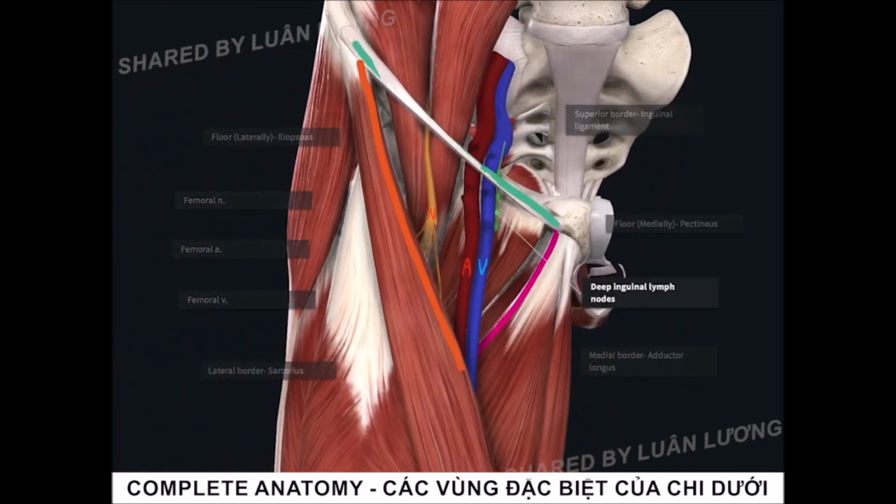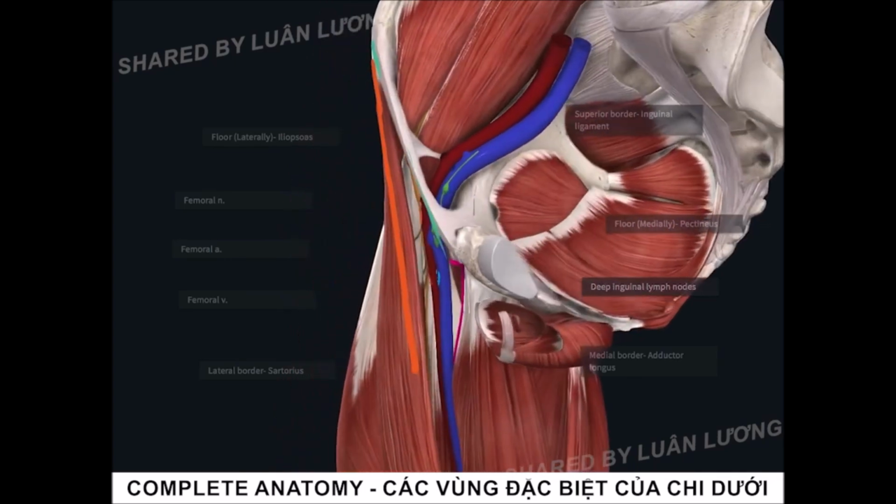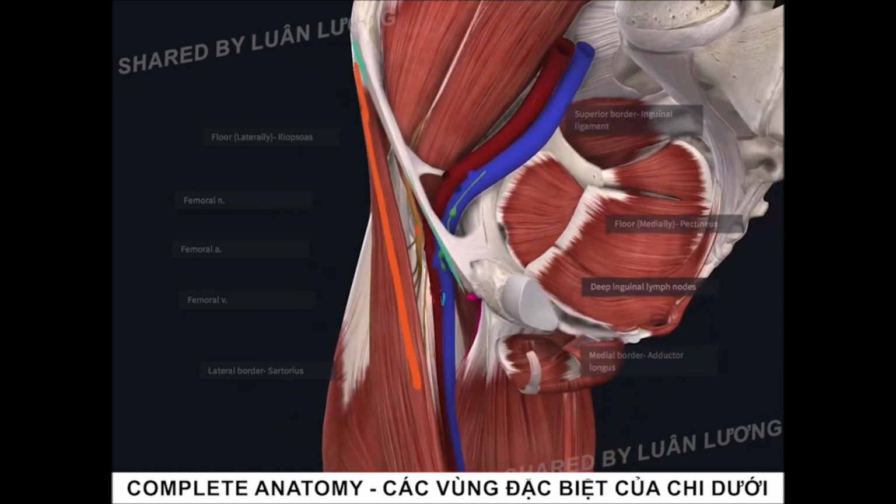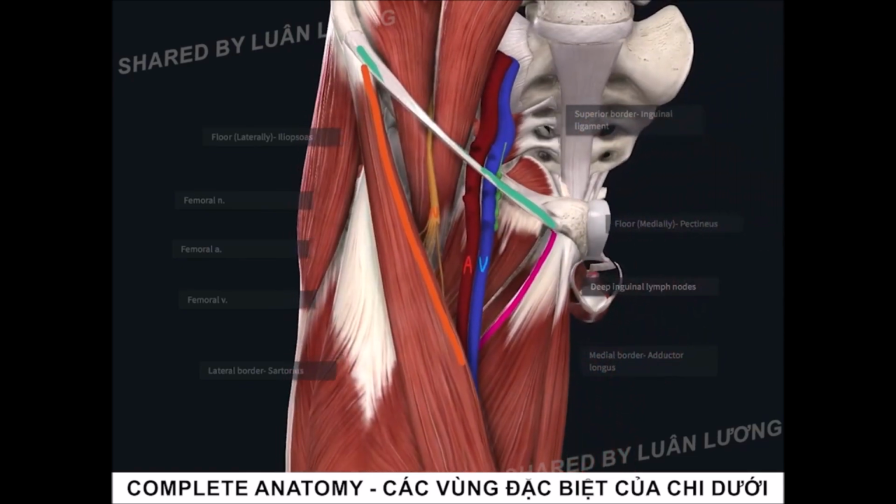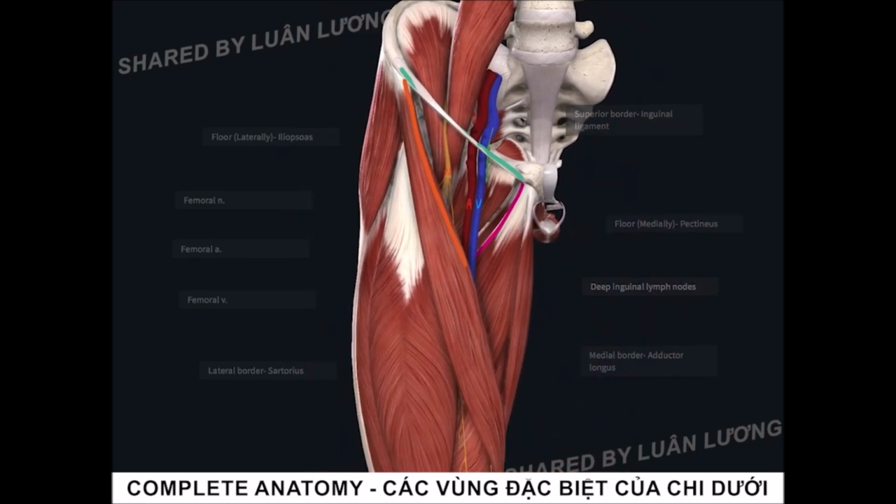The deep inguinal lymph nodes are going to be the most medial content within this area of the femoral triangle. So NAVEL is going to stand for the femoral nerve, femoral artery, femoral vein, and then lymph nodes, which are predominantly the deep inguinal lymph nodes. So the lymph from our lower limb is going to enter the abdominal cavity by passing medial to the femoral vein within this space.